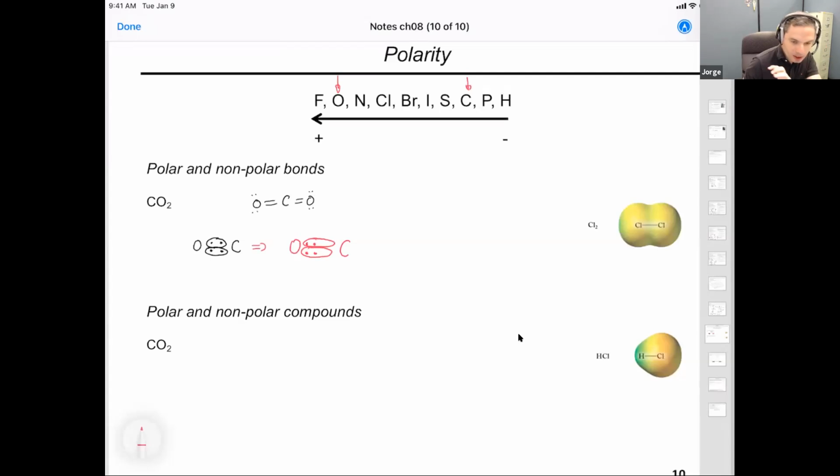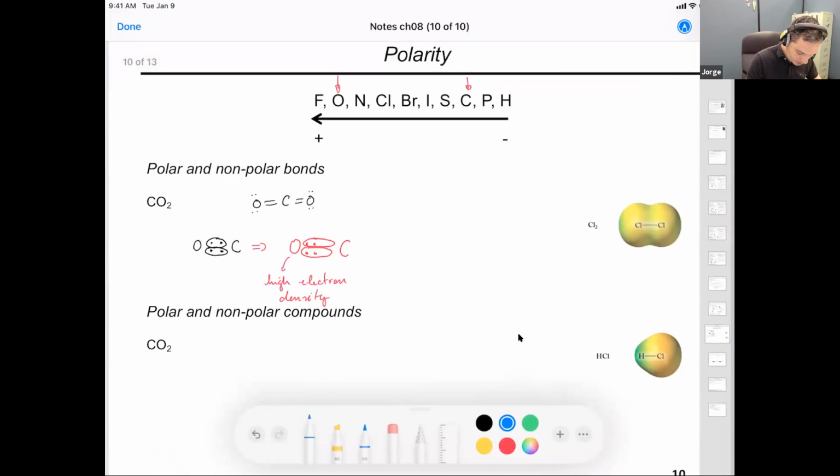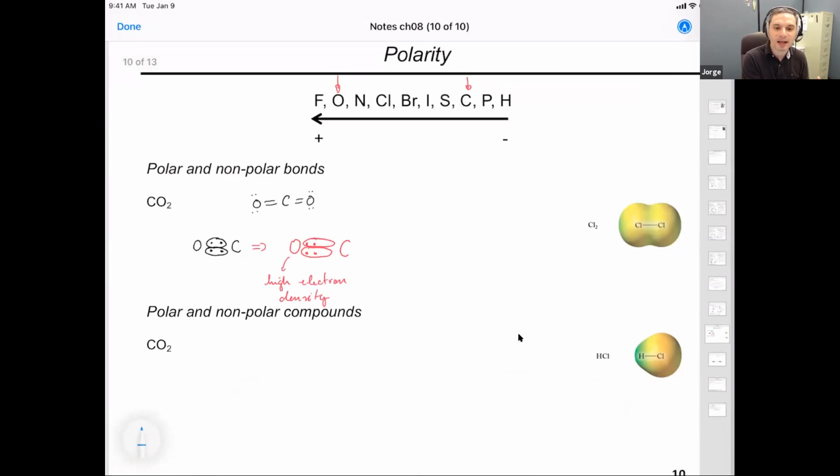So oxygen, because it pulls the electrons close to itself, has high electron density. On the other hand, if one side has high electron density, the other side of the chemical bond has low electron density.